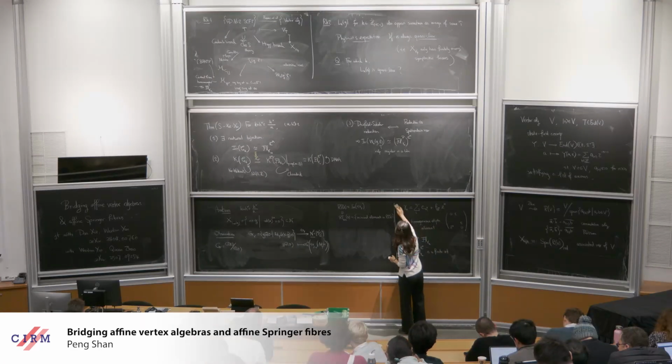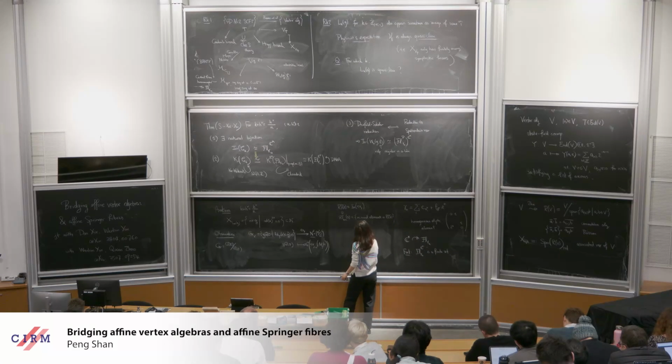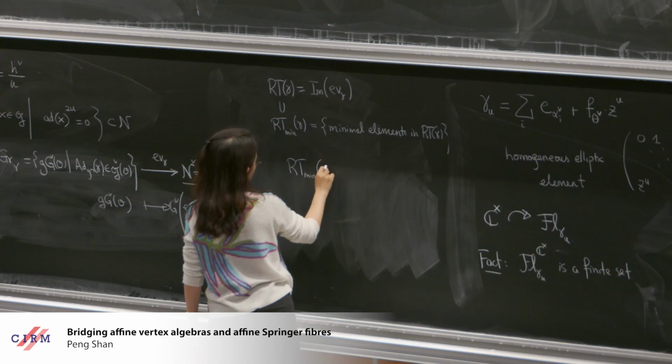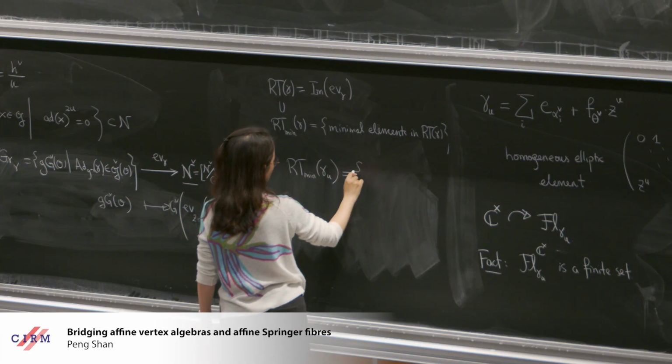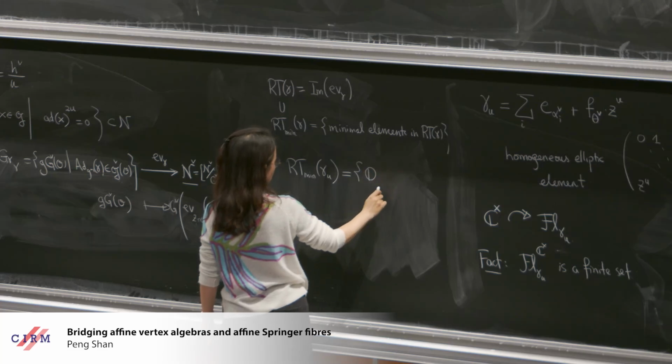But for this particular element we have been considering, so RT min of gamma u, it just consists of a unique orbit, which I'll denote by O gamma u. Check.